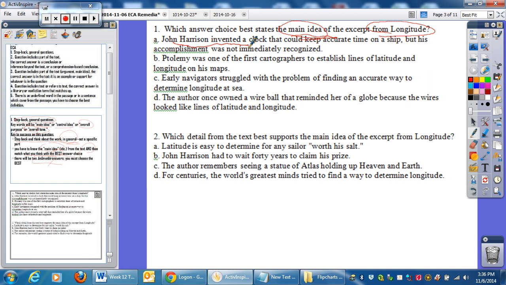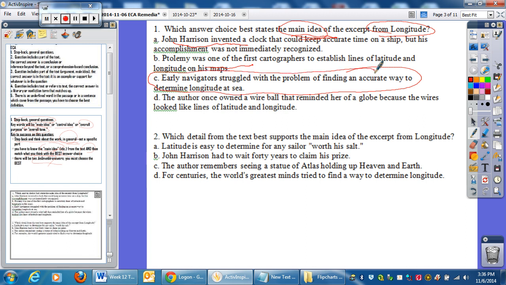I look at this: Ptolemy was one of the first. That happens in the text, but it's not the main idea. I look at this: early navigators struggled with the problem of finding an accurate way to determine longitude at sea. If I step back from the essay that they actually read today, that's what the entire essay is about.